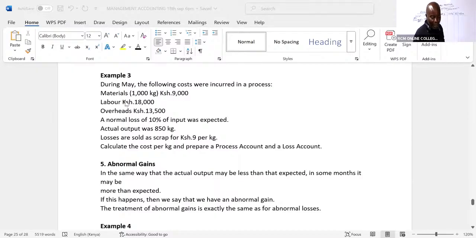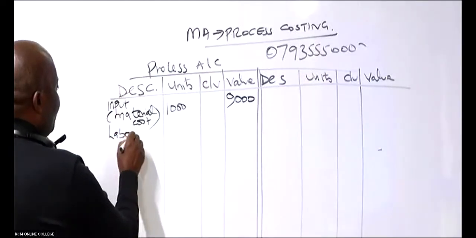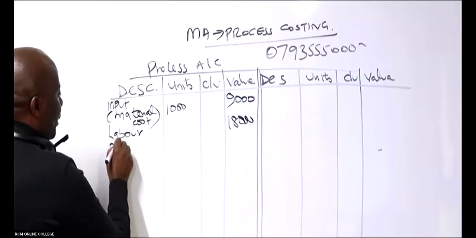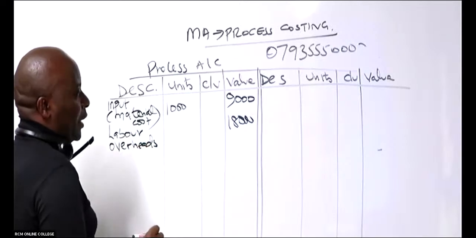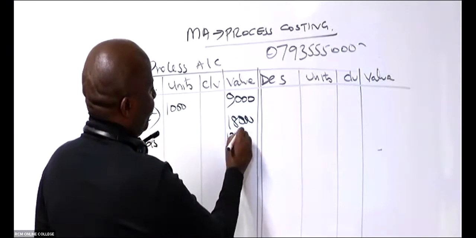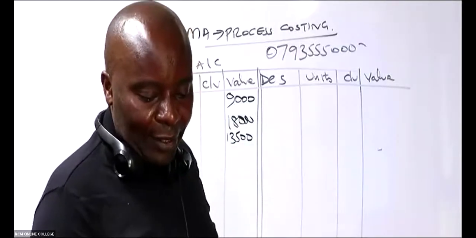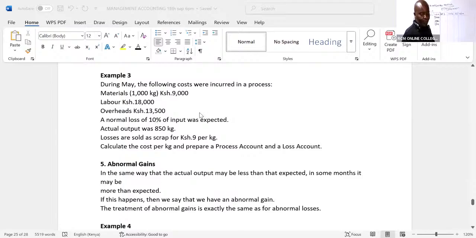You can see labor is 18,000, and overheads is 13,500.